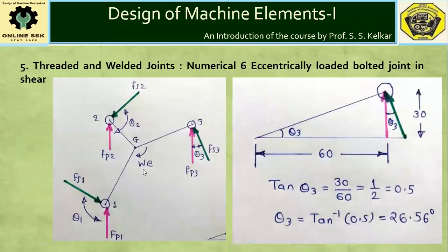Therefore, while showing the secondary shear force direction, we have to join the bolt center to the center of gravity, and a line drawn perpendicular to it is the line of action of the secondary force. So here the line of action of the secondary force is perpendicular to the line joining bolt number 2 to the CG. As shown here by a green arrow, this secondary shear force will cause anti-clockwise movement of the bracket. Therefore, the shown direction is correct.